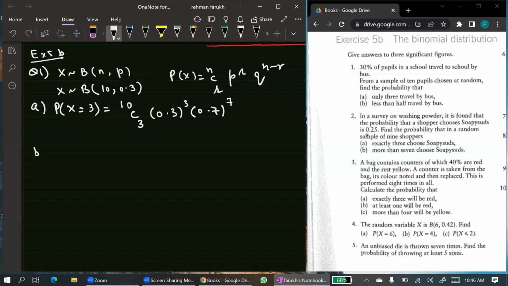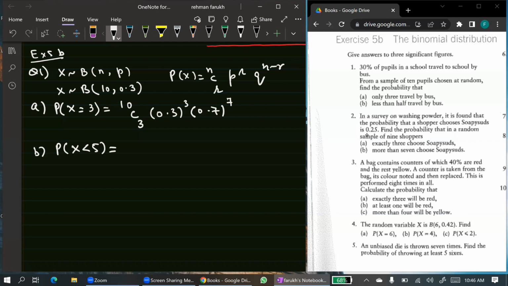Now, the B part is less than half travel to school by bus. Less than half means, half is 5, less than half. Probability of X is less than 5.